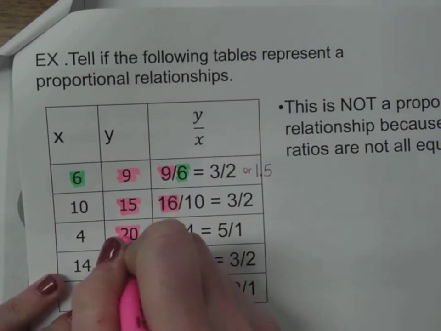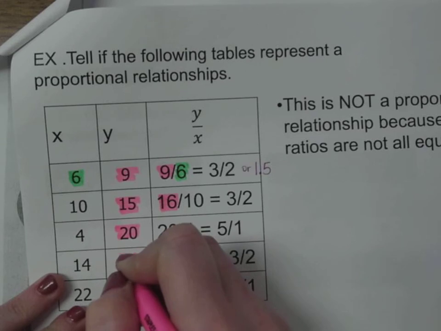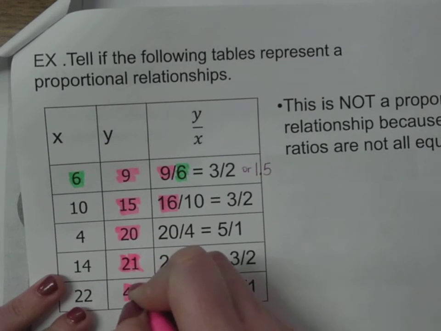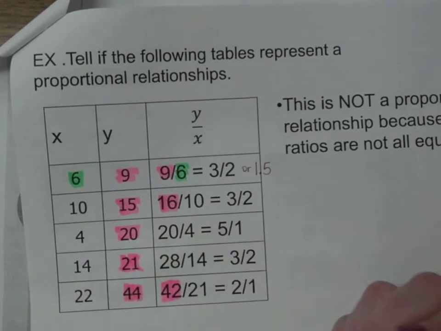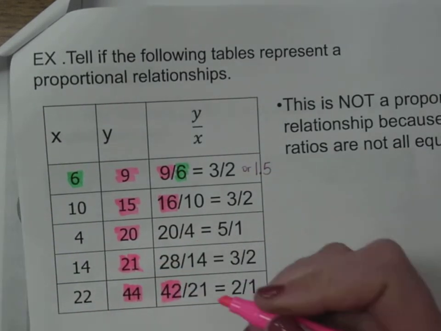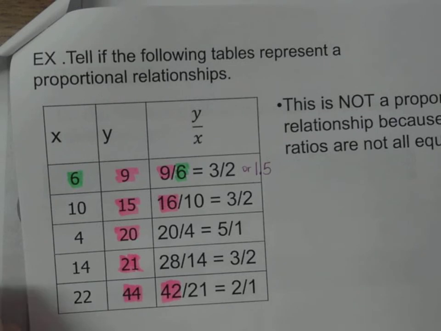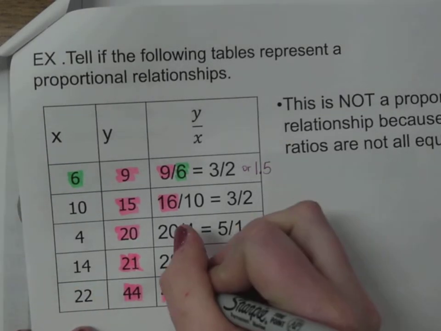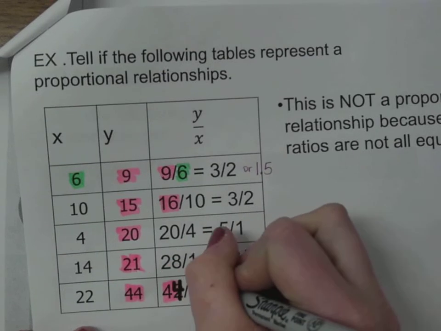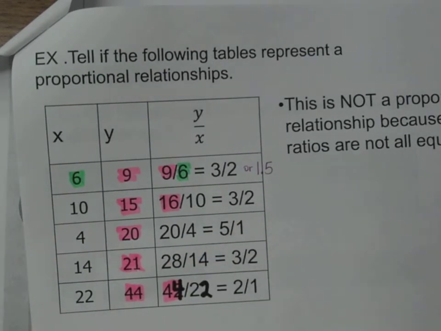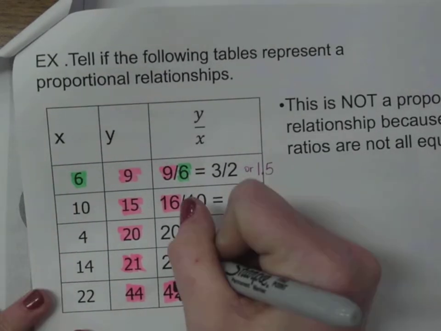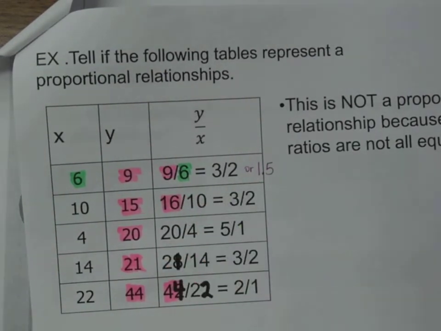I'm just going to go through and highlight all of them. Oops, that does not say the right number, does it? That should say 44 over 22, 21 over 14. Sorry, mistakes.